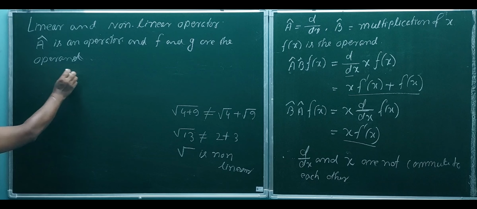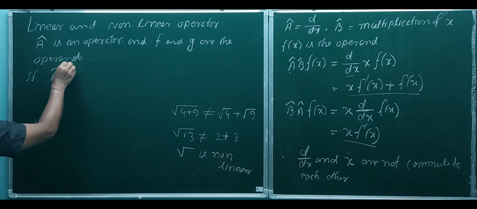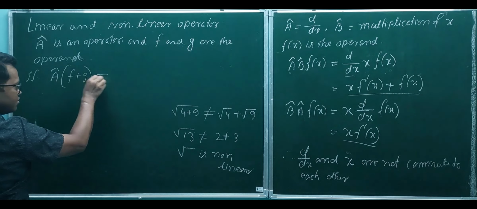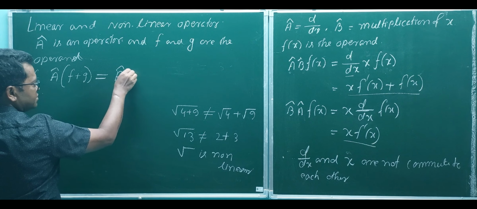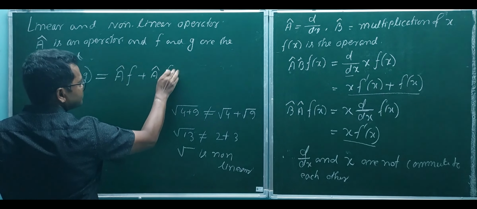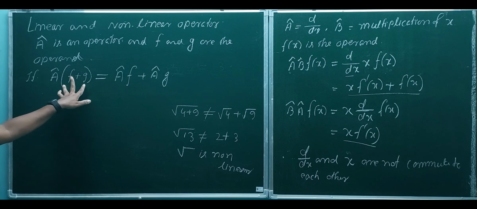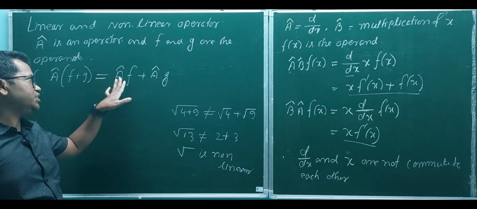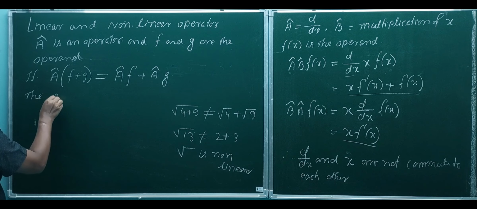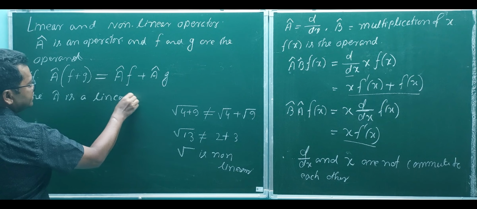Therefore, if A cap operates on the sum of two functions f plus g and gives the same result as when the operation is done separately, then A is a linear operator.